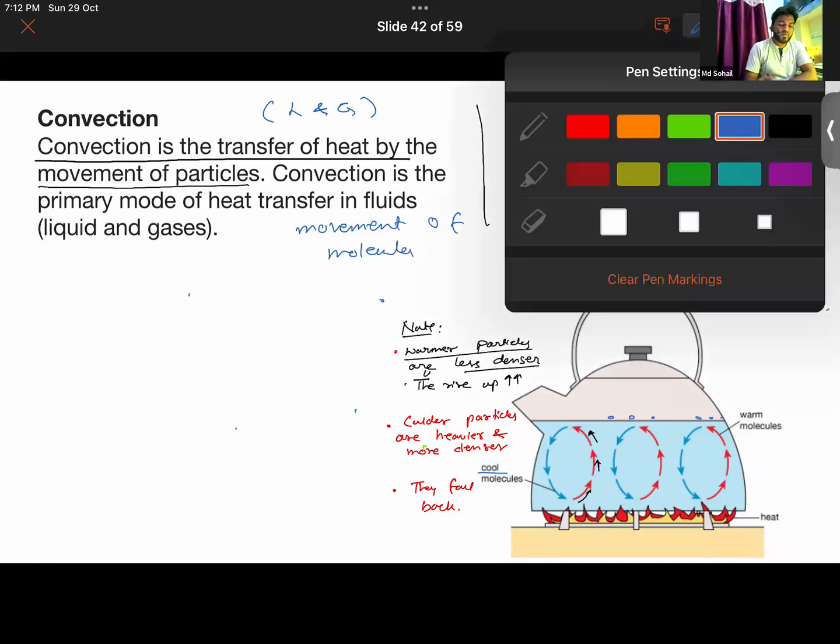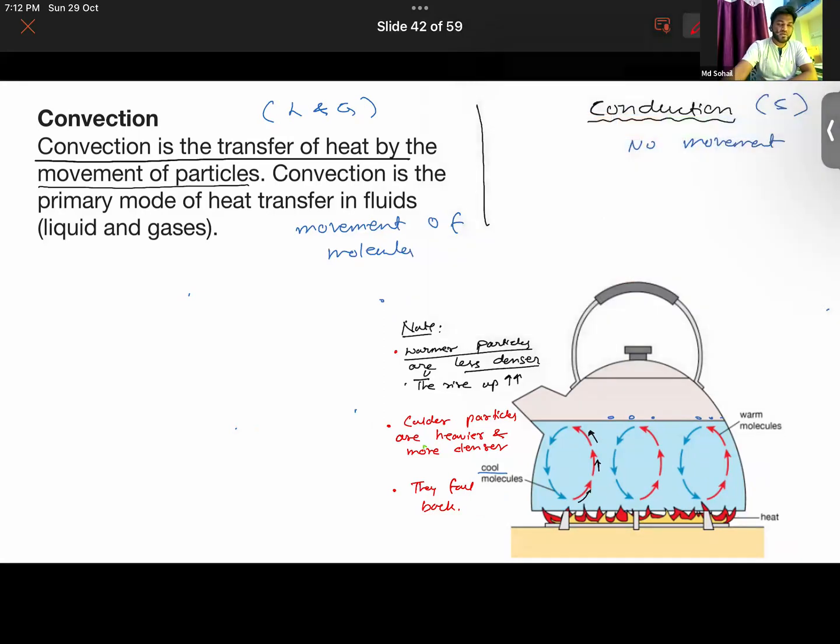Okay. Now you guys tell me, in order to heat a solid or to heat a liquid, which will become warmer quickly? In conduction, liquid, solid, hmm.